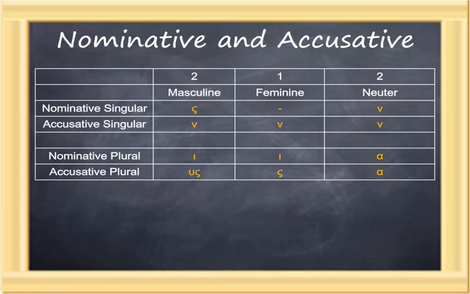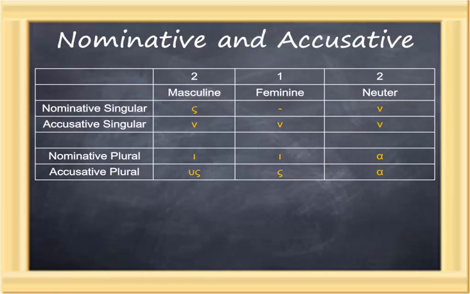So, sigma, nothing new. Remember those first declension ones? Had no case ending in their dictionary form. Then nu, iota, iota, alpha, upsilon, sigma, sigma, alpha.